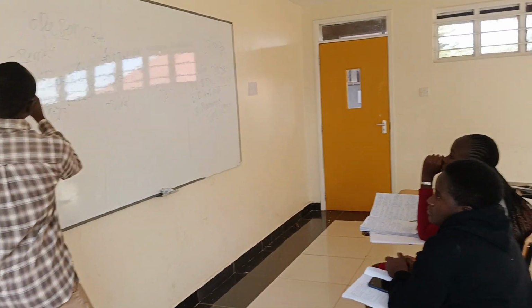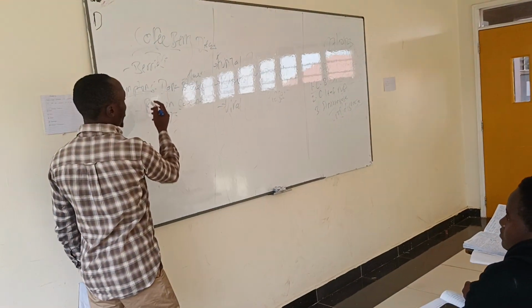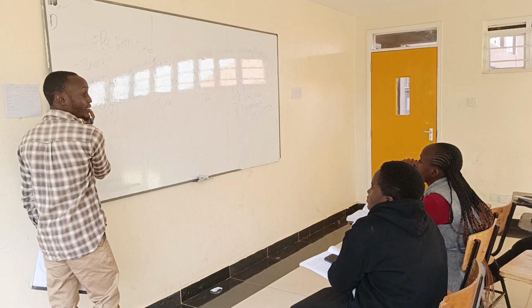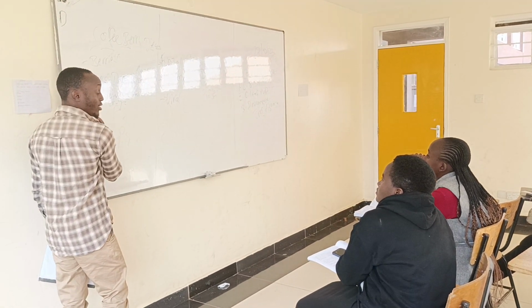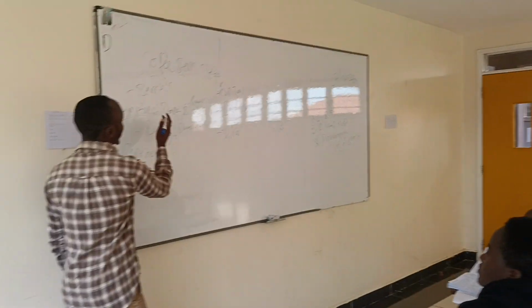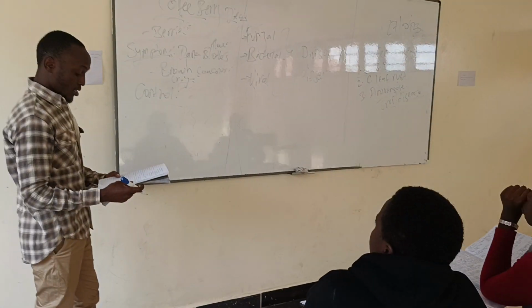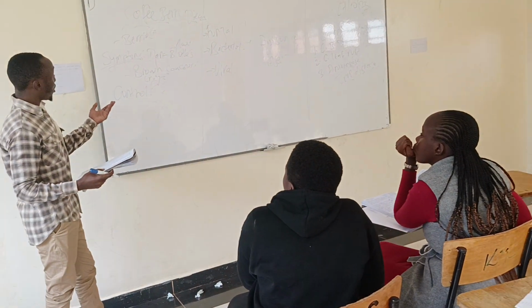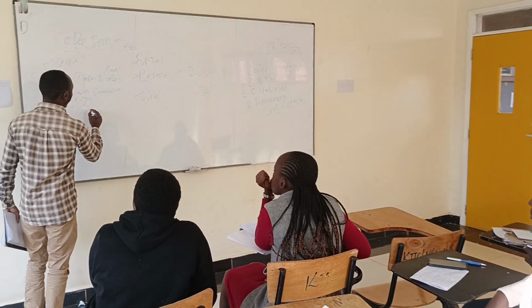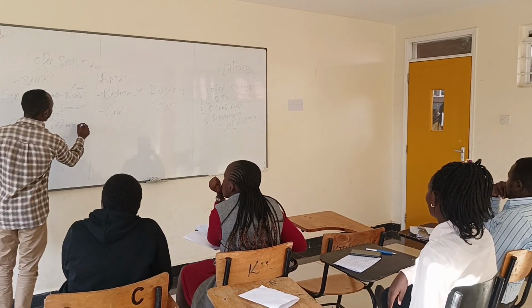If you have the disease, you have the symptoms, then you have the control. How do you control coffee berry disease? There are several control measures. First is use of resistant varieties.